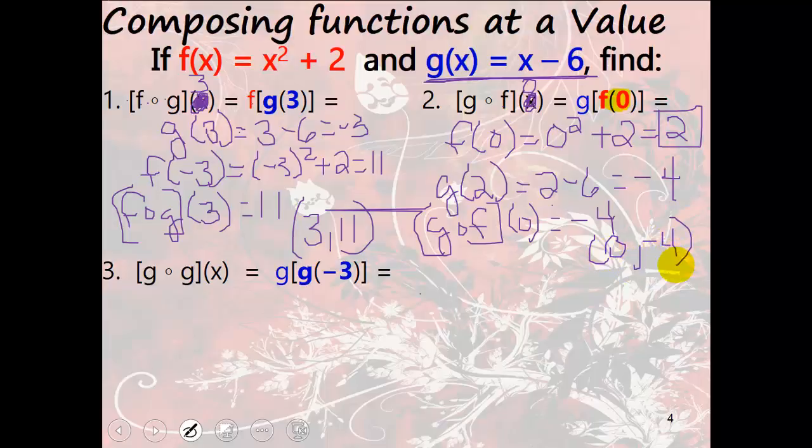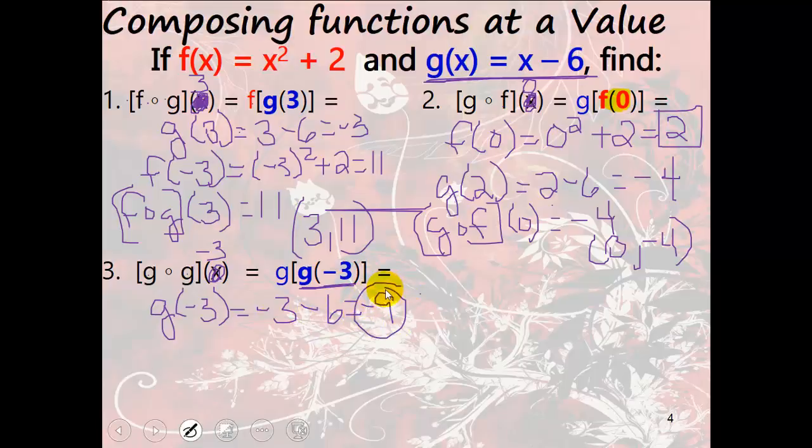And we can also plug a number into the same function or rule more than once, like in example 3. This says find g of g of x. So you start here, and we're going to do it at negative 3, so cross that out and put in a negative 3. And so let's find g of negative 3. Well, we get negative 3 minus 6, so that equals negative 9.